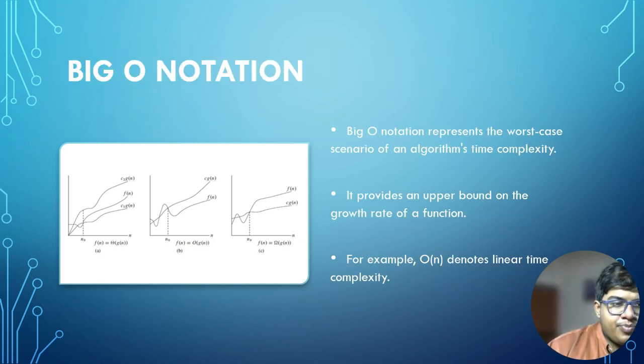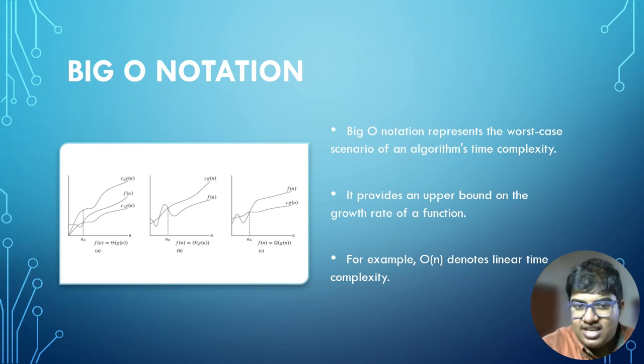So let's see. The big O notation represents the worst case scenario of an algorithm's time complexity. It provides an upper bound on the growth rate of a function. For example, big O of n denotes the linear time complexity. You might be thinking, what is this growth rate function?